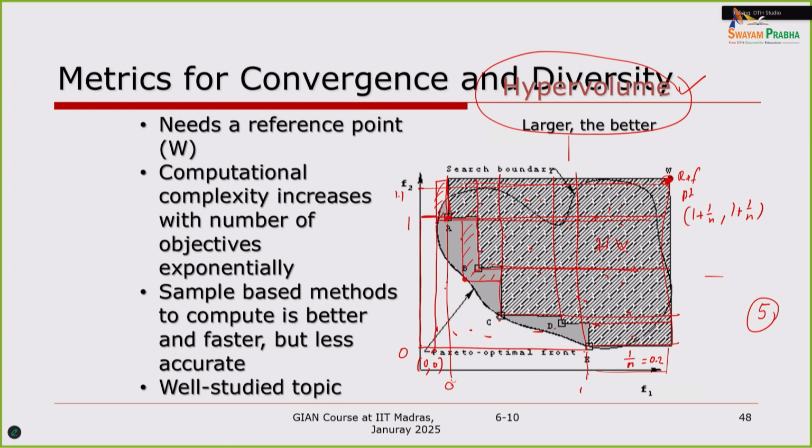Now, when you go to 5, 10 objectives, you need to create lots of points to get any accurate estimate of hypervolume. But there are biased sampling methods. You can create more points in the boundary here than here. So you can have bigger grids here, smaller grids as you go along, even smaller grids. You can have lots of small grids here and create an equal number of points on each grid, like they do in finite element, right?